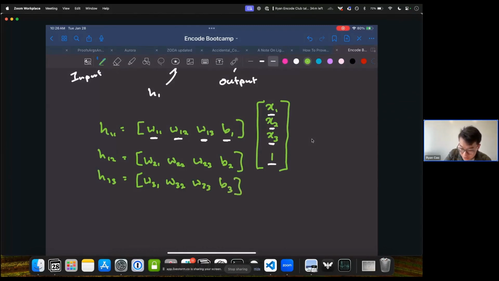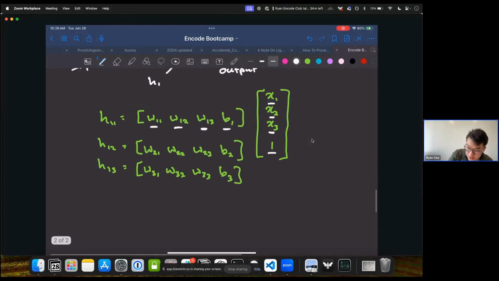Each of these, based on the usual vector dot product notation, would simply look like w21 times x1 plus w22 times x2 plus w23 times x3 plus b2 times 1, and then the same thing for w31, and so on and so forth. I'll just underline them for kicks. They're all being multiplied by the same vector.